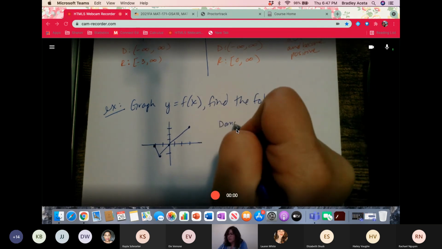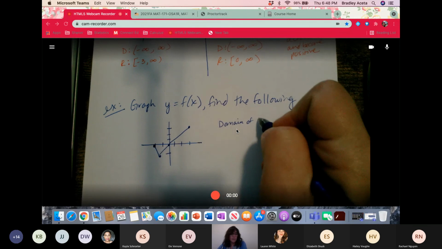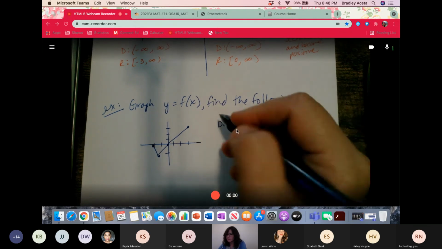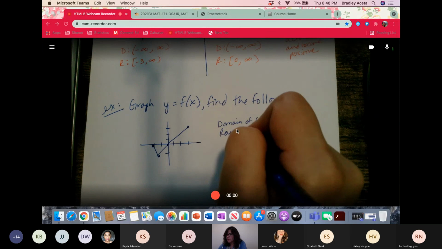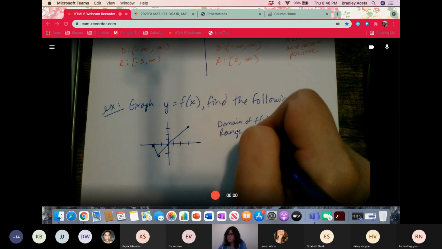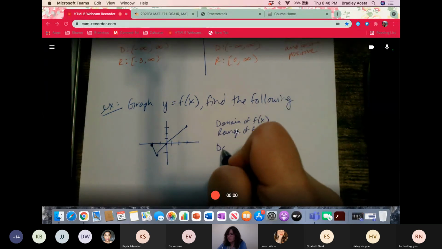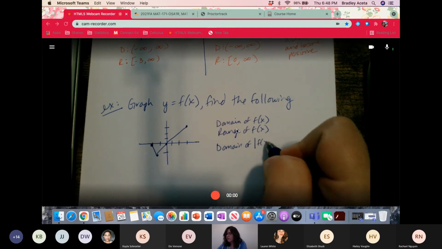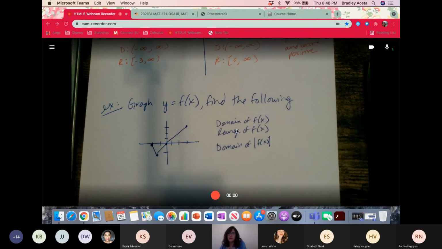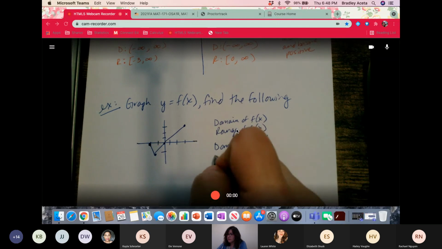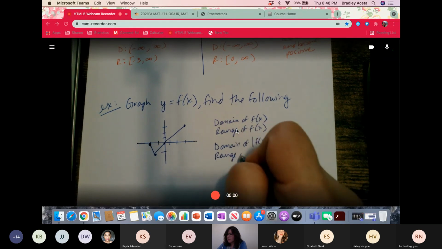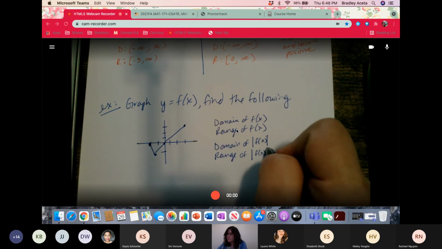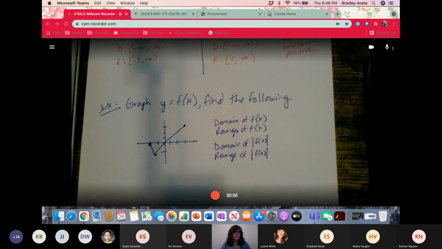They're going to say, okay, what's the domain of f of x, this function that I just drew? What's the range? And then they're going to ask you, okay, what's the domain of the absolute value of f of x? And what would be the range of the absolute value of f of x?